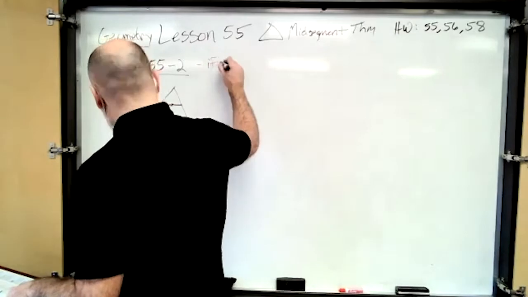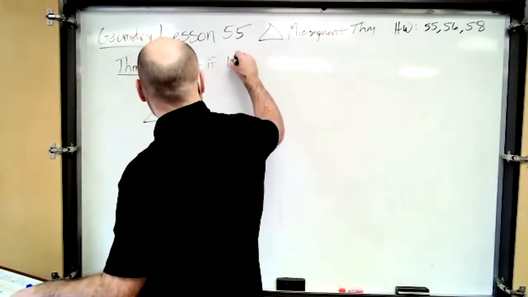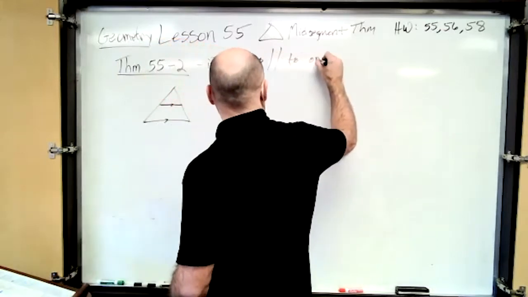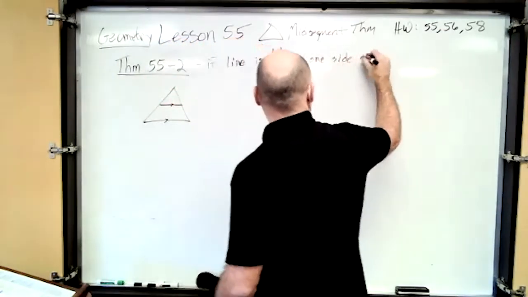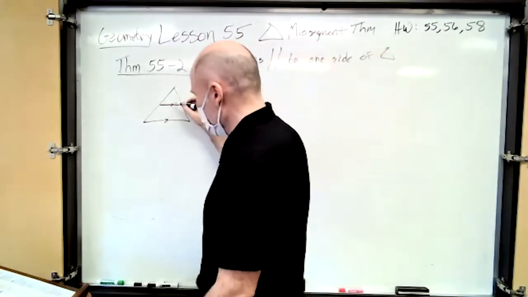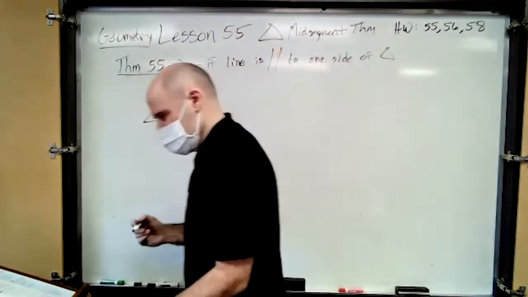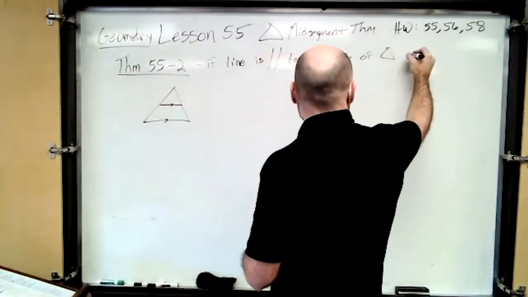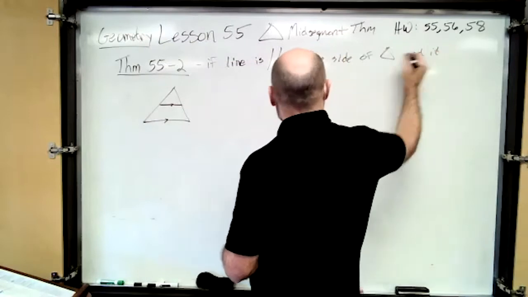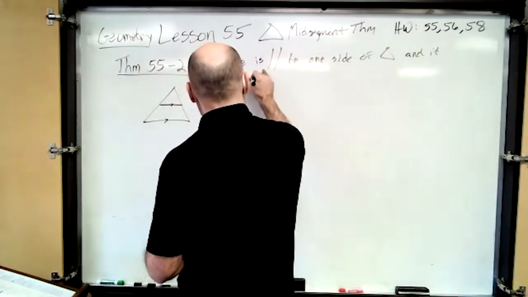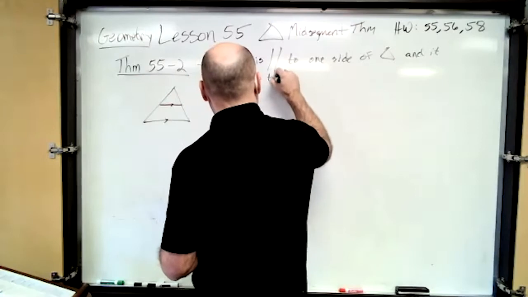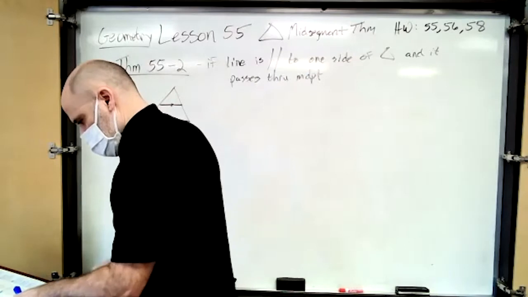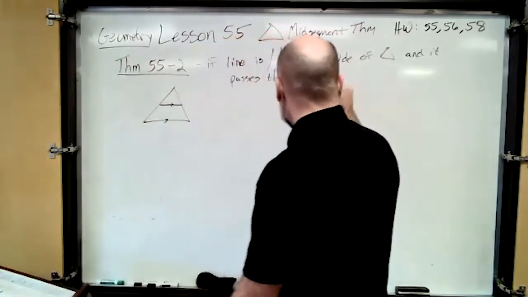If a line is parallel to one side of a triangle, so basically if this line is parallel to that bottom side, which it is, and it passes through or touches the midpoint of another side.